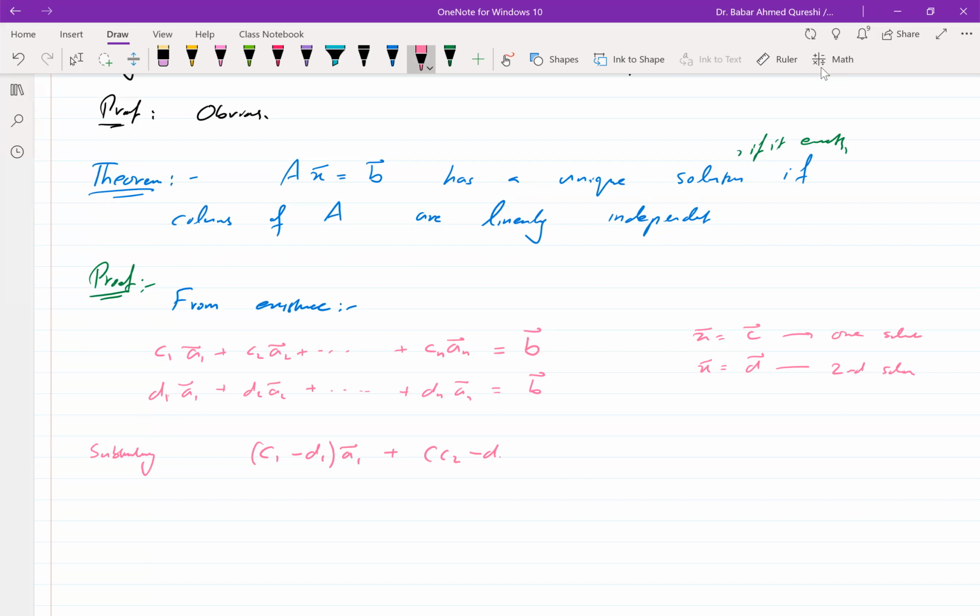AX equal B has unique solutions for all B if and only if the column vectors of A are linearly independent.